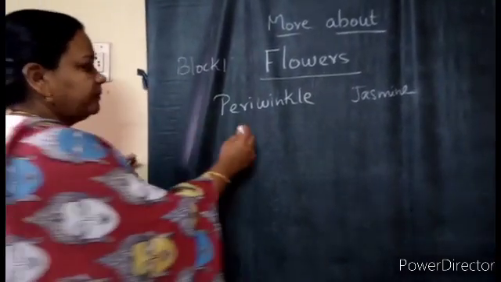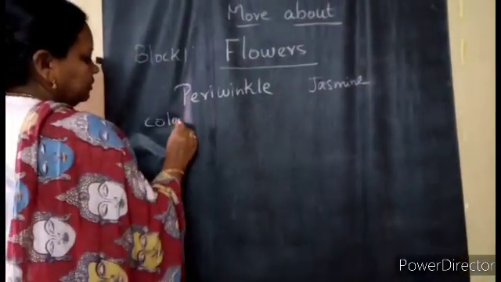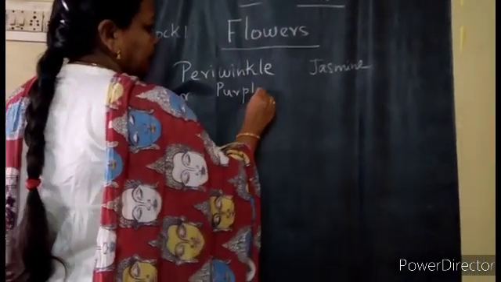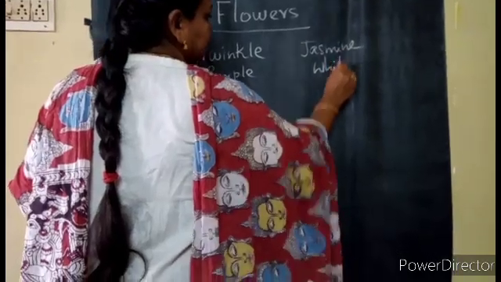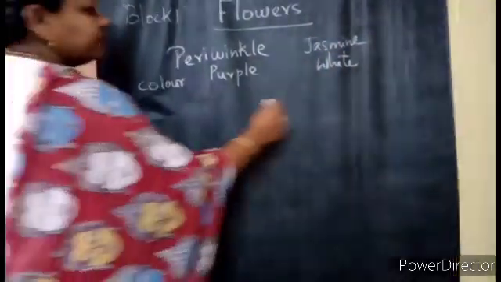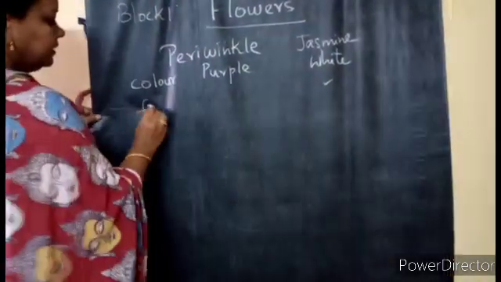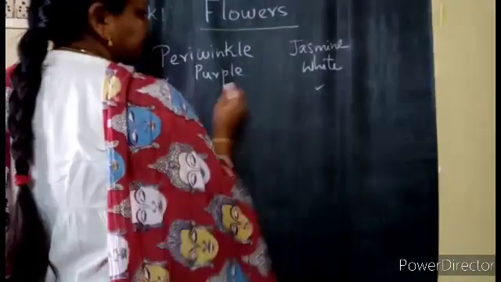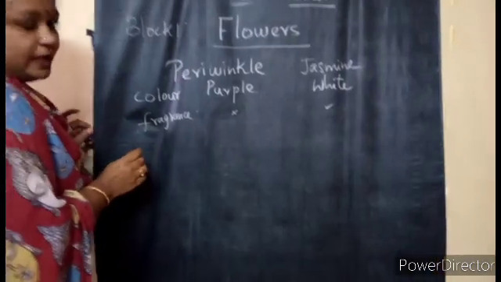So just now, what you saw, the color of periwinkle was purple, right? And jasmine was white. And which has fragrance? Jasmine has a nice, pleasant smell, but periwinkle does not have any fragrance.